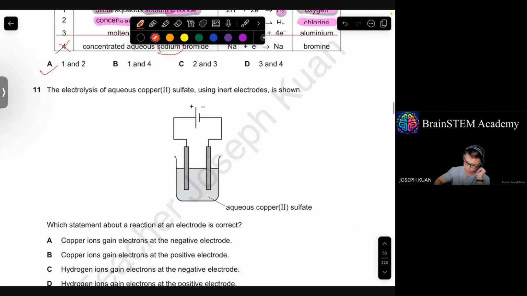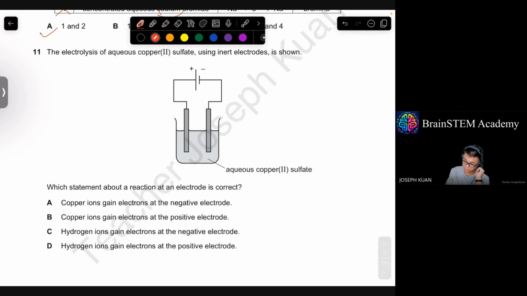Moving to 11. The electrolysis of aqueous copper 2 sulfate using inert electrodes is shown. Which statement about a reaction at an electrode is correct? Use our concept. When copper ions are present in aqueous solutions, you should expect to see copper.